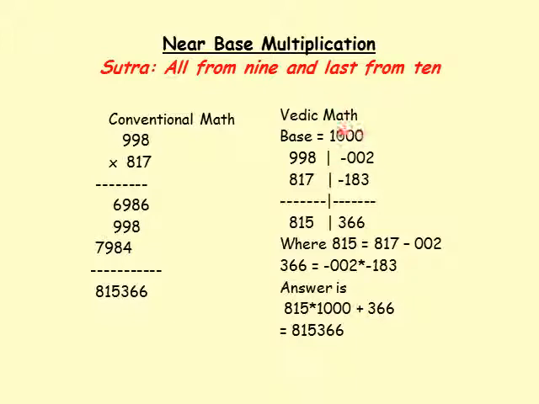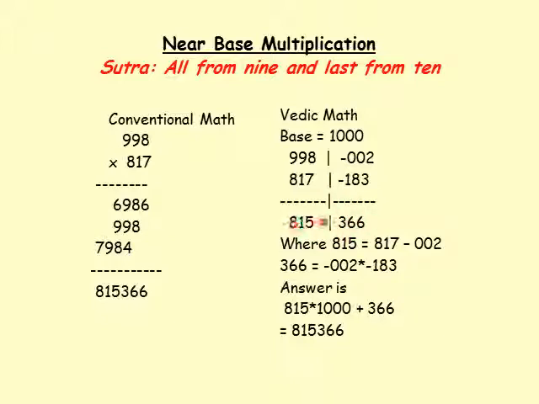As long as the number of digits on the right side is equal to the number of zeros in the base number, we can just write down the answer as left part 815, right part 366. Another thing is, in addition to being 3 digits and 3 zeros, the sign has to be positive. So 815 is on the left, 366 is positive on the right.